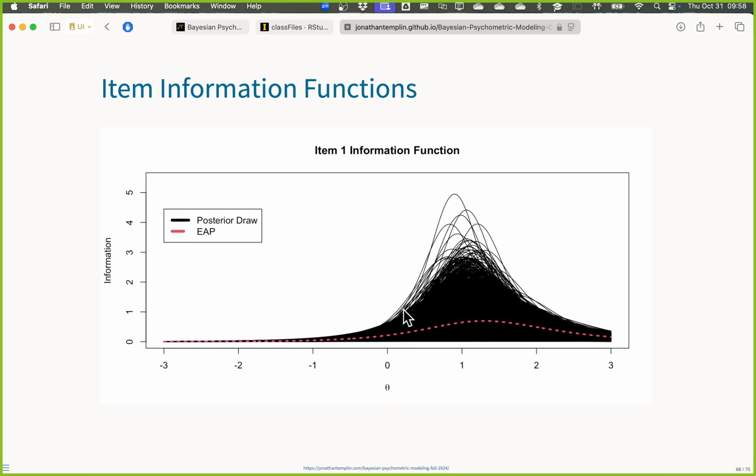And based on the spaghetti plots of each posterior draw, we would say that maximum information for this item is somewhere between 1/4 and maybe 1 and 1.75. But really the peak of it's right about 1.25. So you can envision a case where if we ignored all the variation in item information and try to build a test with this item, we might not get an exact good looking test form.